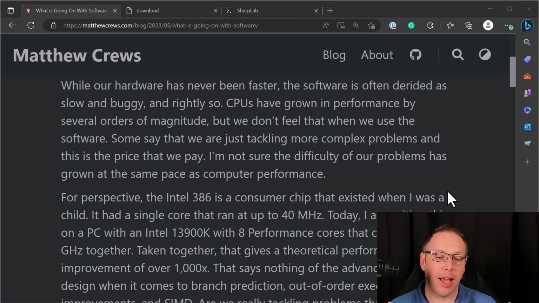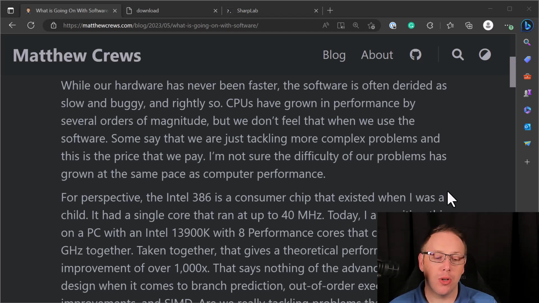We should have faster applications. We should have a faster experience when we work with our PCs. But on the whole, I don't think we do. Yes, there are some applications that are legitimately faster, but software just seems to be much slower than it should be. And that really bothers me.